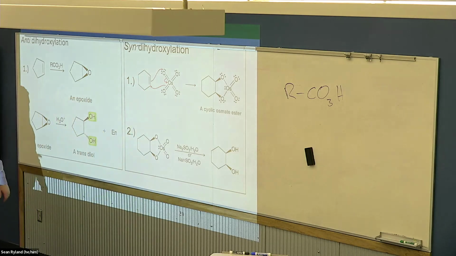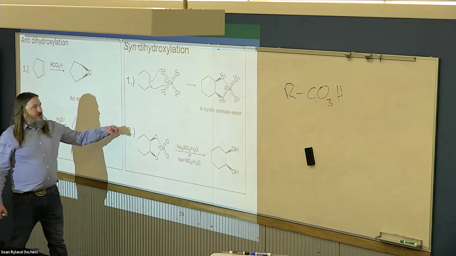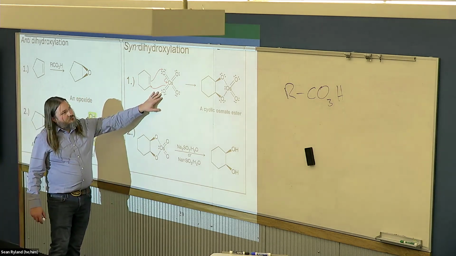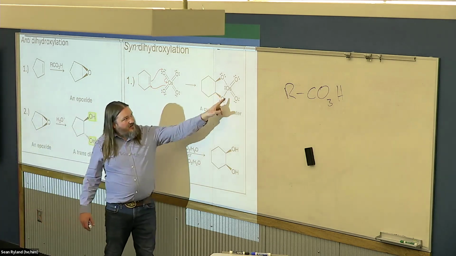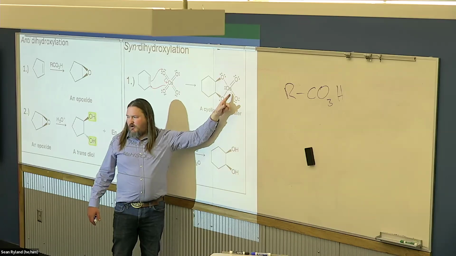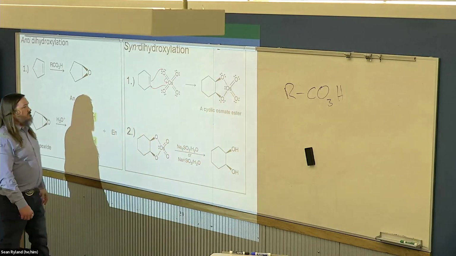It's not actually a catalysis in this case, because the osmium does not get regenerated. It's not actually catalysis, it's actually a reactant. So that OsO4 adds, and you wind up making this 5-sided ring where the osmium is part of the ring.